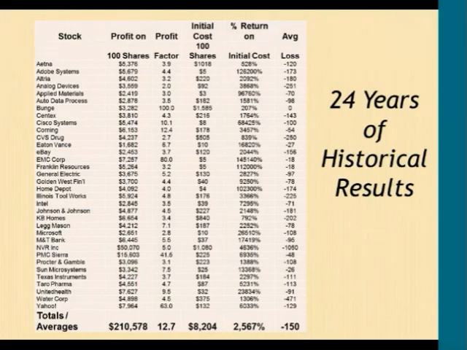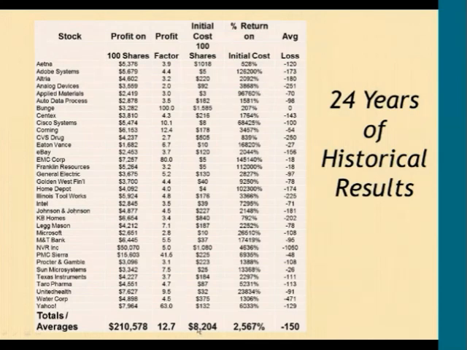Because it's a rule-based system, this 50 and 100-day moving average crossover, I was able to do historical testing over a 24-year period, or when a stock started trading. And what I did is I calculated the initial cost to purchase 100 shares of each of these stocks in this left column, when they had their first buy signal.